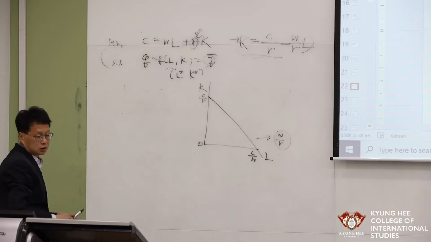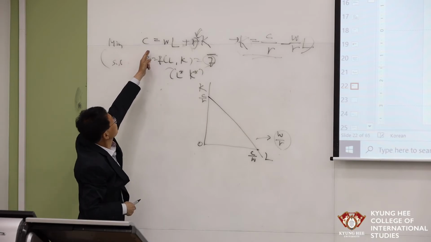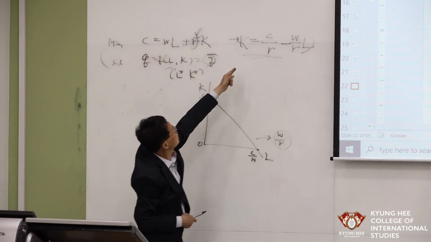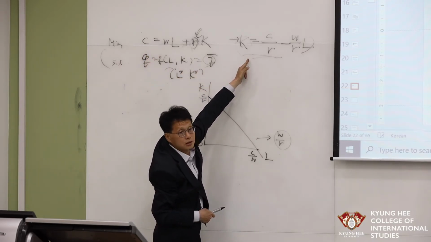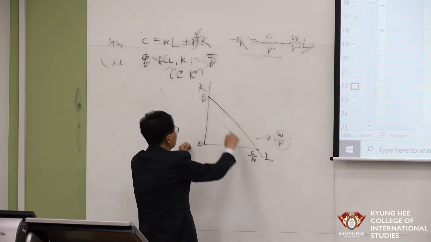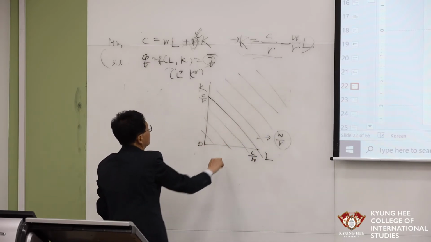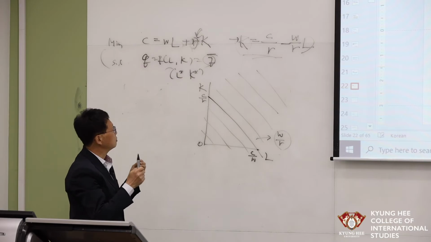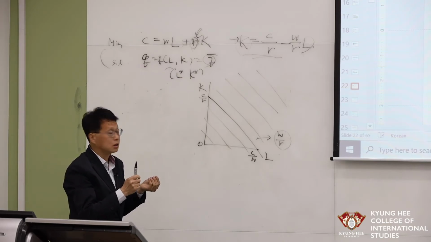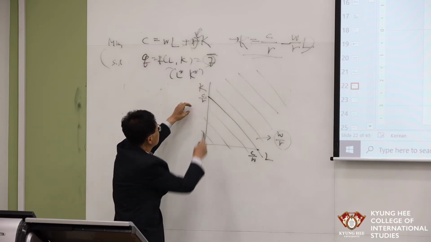So until now, we studied the isocost line, originally this one. So we can rewrite it like this, right? Also, we can draw a lot of isocost lines. All the isocost lines have the same slope, W over R, but different y-intercepts. A high intercept means, right?